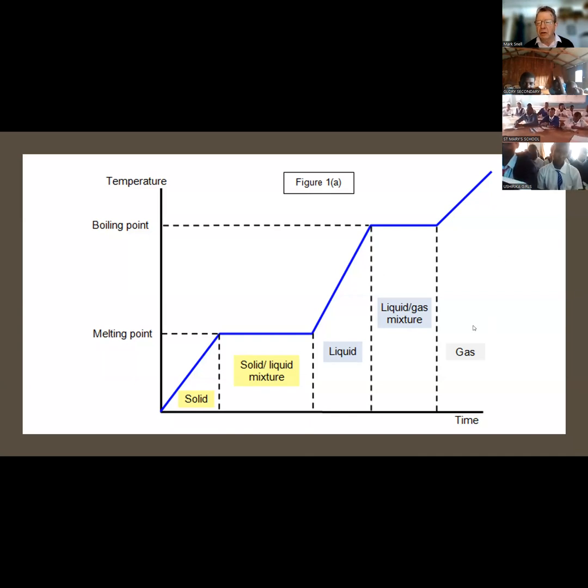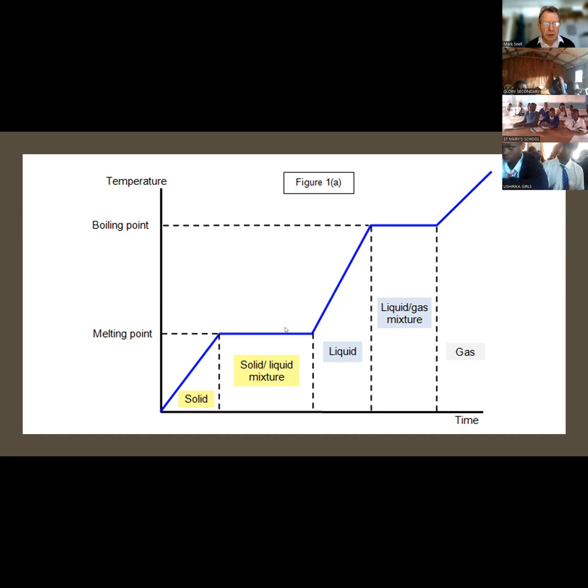So time along the bottom and temperature up the side, and it goes that all the solid can be heated up along this diagonal line at the bottom. Here, I don't know if you can see my pointer, but where it says solid here, starting at the axis, and it goes up diagonally, that is the solid just heating up, and then the energy goes into increasing the kinetic energy until it starts to break the bonds.